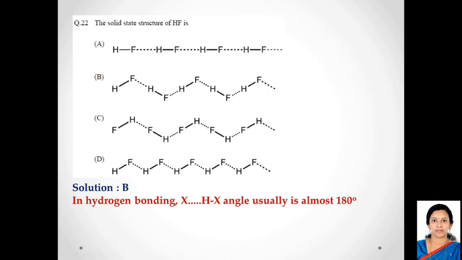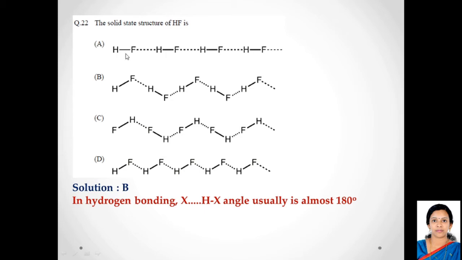The solid state structure of hydrogen fluoride is... So here basically they have shown the hydrogen bonding in hydrogen fluoride. So when you look at these 4 options, the first option is definitely wrong because you cannot have a linear arrangement like this. The fluorine atom has 3 lone pairs of electrons arranged around the fluorine, and one of those lone pairs is what is attracting the hydrogen from the other hydrogen fluoride molecule.